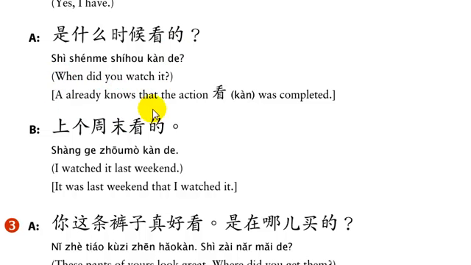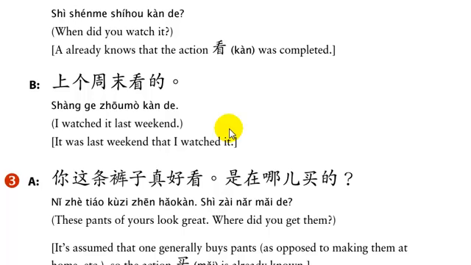Because A already knows that the action 看 was completed, they don't repeat 看. They know that they watched the movie. Remember, the 是 and the 的 is used when you know that something in the past was already completed, which was done with the first conversation up here. Did you see this DVD? Yes, I did see this DVD. And then B responds and says, 上个周末看的.